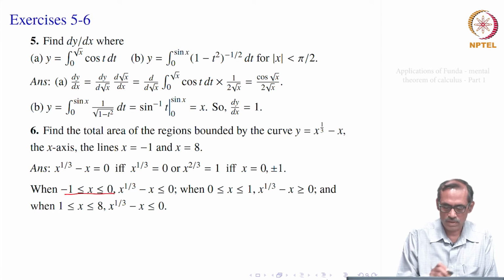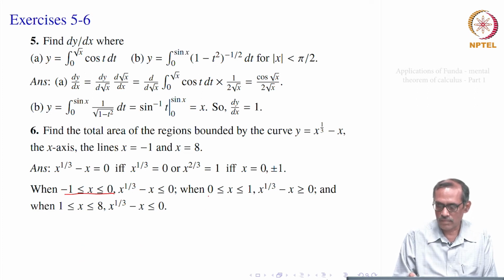-1 to 0, in that interval, what about the function? That remains negative, right, less than or equal to 0, because x to the power 1/3 will be bigger than x, it is -1 to 0 only. This is less than or equal to 0 and from 0 to 1, it is really greater than or equal to 0.